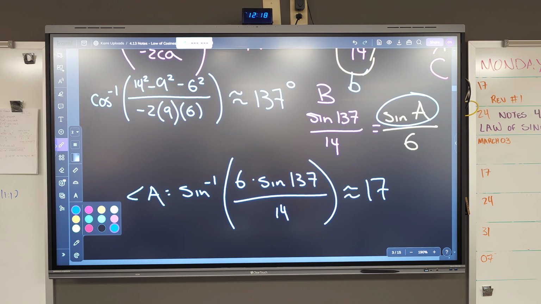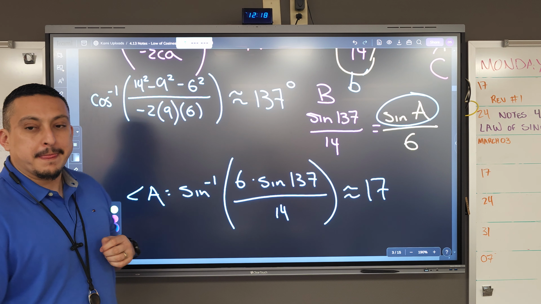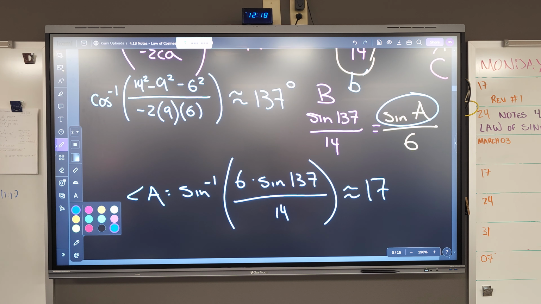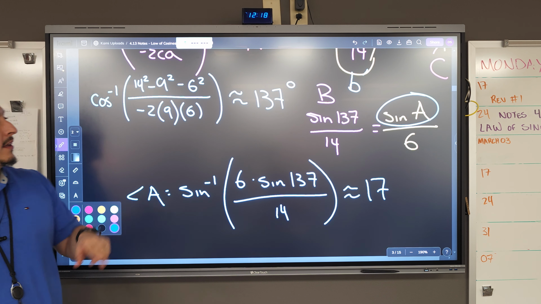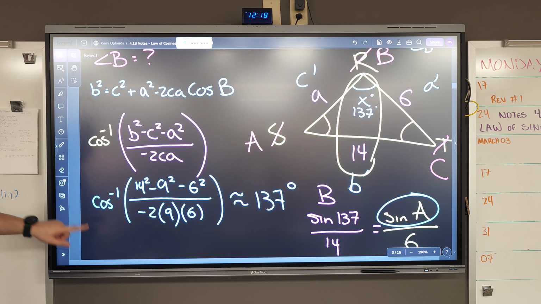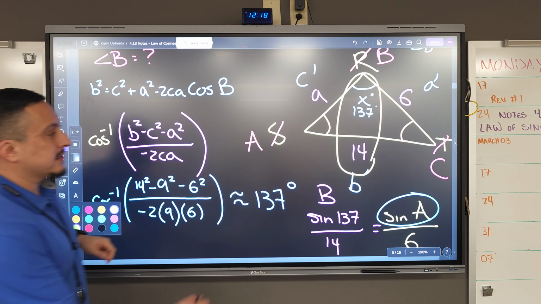A few 17s. Yeah, 17. A lot of 17s. So that's probably the right answer. Guys, I need to stress, you could have used law of cosines again, or law of sines. Now you have options. Does that make sense? How you can choose? So now, or lastly, we know this one.